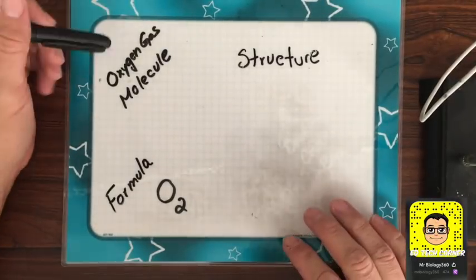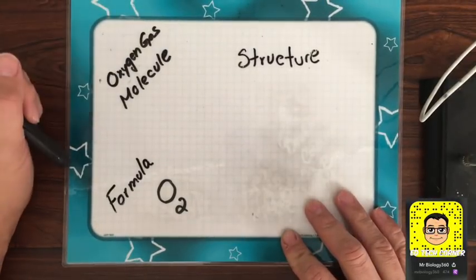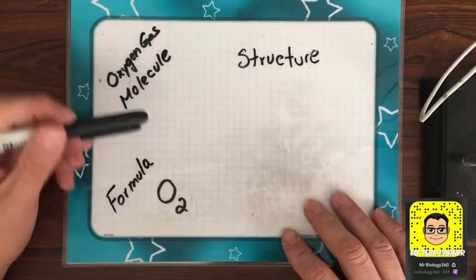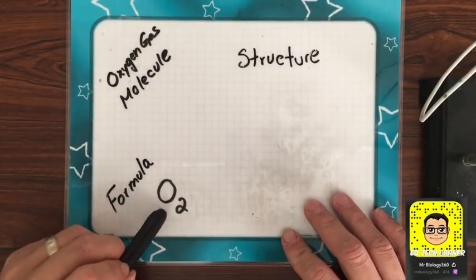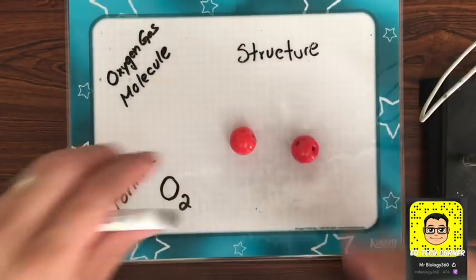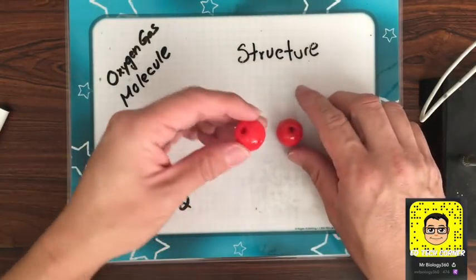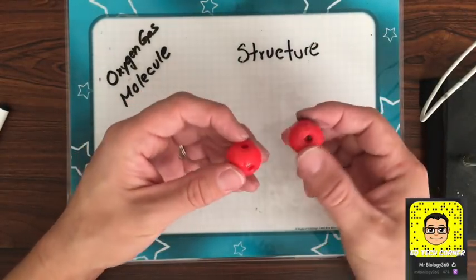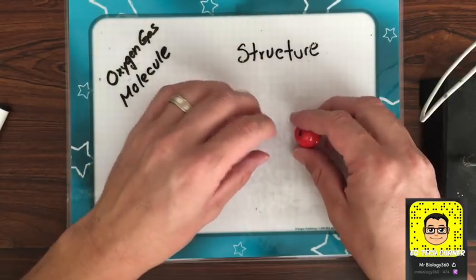Now I want to take a look at the oxygen gas molecule. Oxygen gas has 2 oxygen atoms. So here are our oxygen atoms. Now notice each atom has 2 holes because it needs 2 electrons.